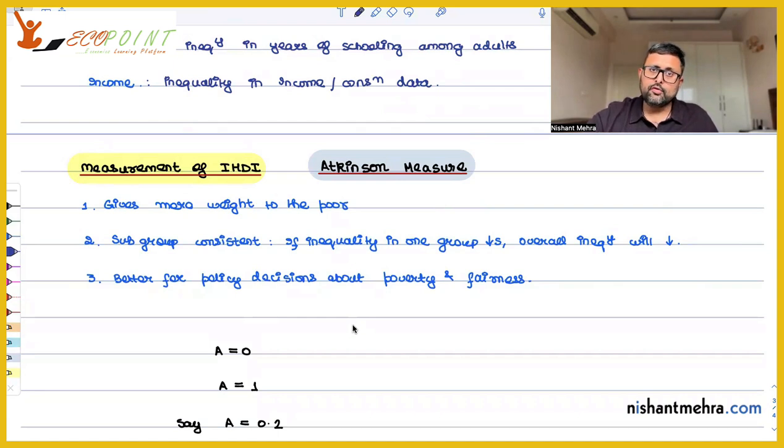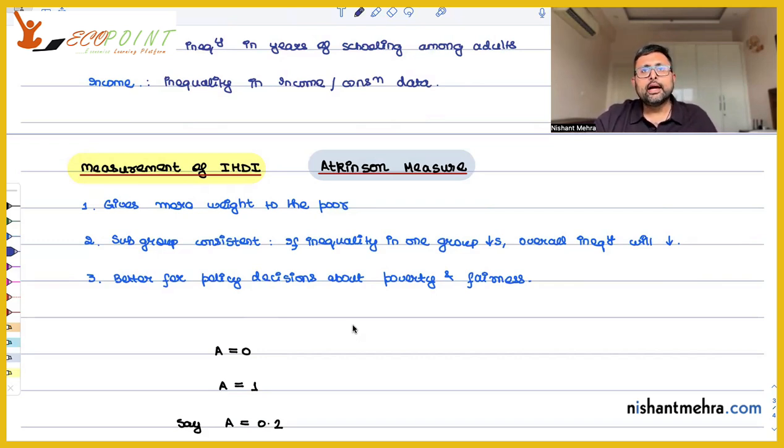By giving more weight to the poor, it gives a direction to the government that inequality could be more here, and if you do something, inequality can reduce.